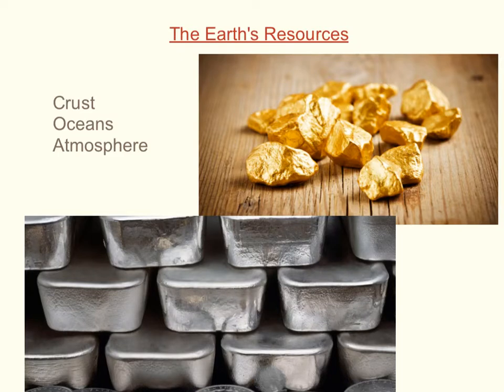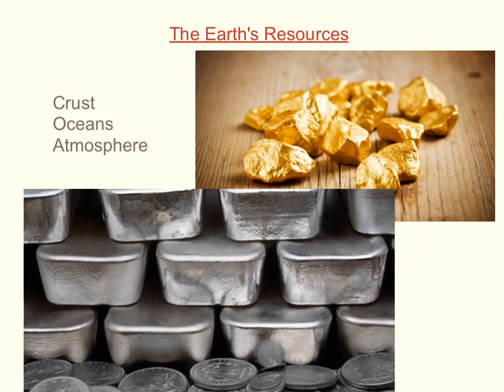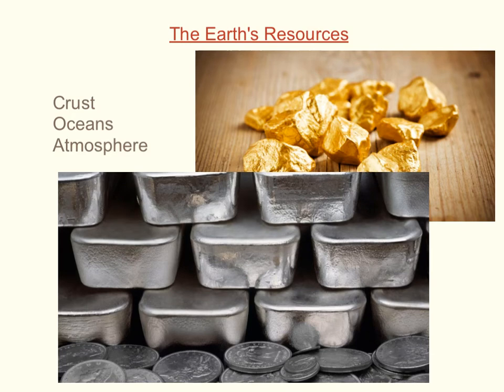The Earth's crust, oceans and atmosphere are the ultimate source of minerals and resources. We can get everything that we need from them. Metals such as gold and silver can be mined from the Earth's crust.